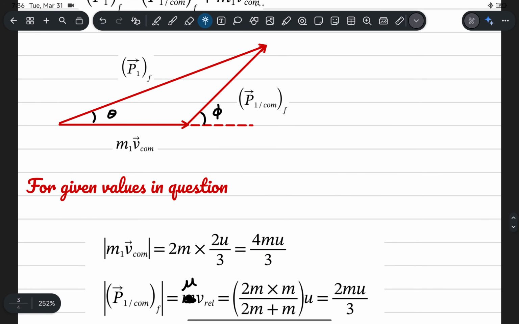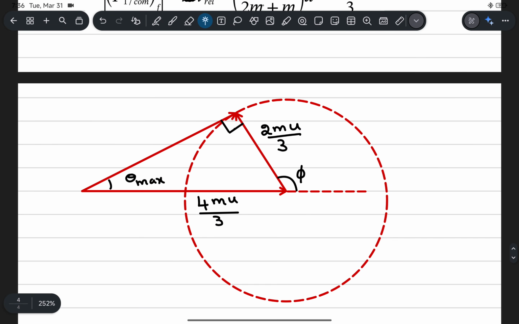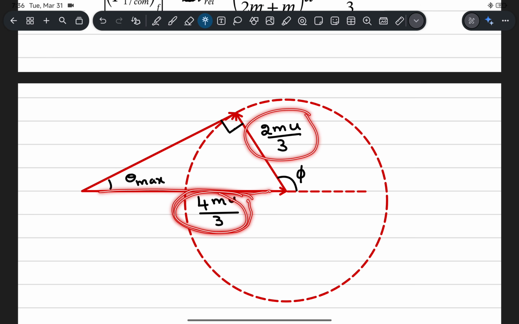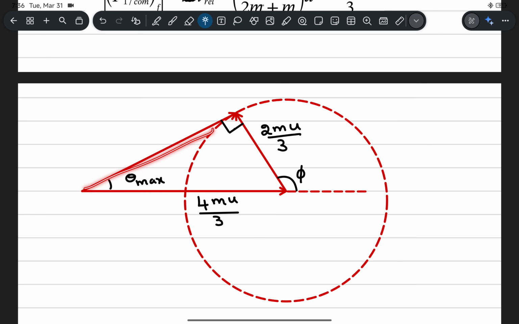So this particular triangle I'm drawing with those values. This one is m1 into velocity of center of mass, which is 4mu by 3, and this is momentum with respect to center of mass frame, and this will be the actual momentum direction or actual motion direction in ground frame. So I want this angle to be maximum, and this 2mu by 3 value is fixed, so it can be in any direction.